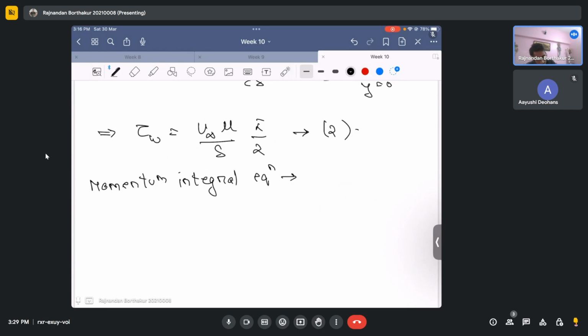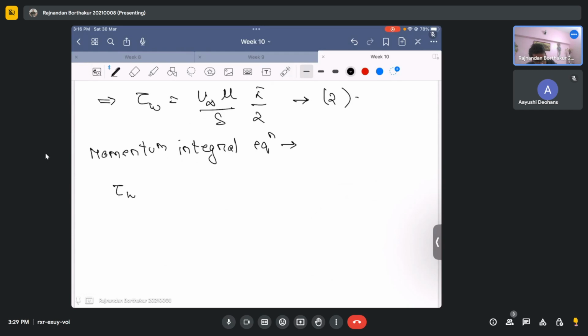Since we already saw this, I will not explain it here much. The momentum integral equation is tau w divided by rho u infinity squared, which is equal to d theta by dx, where theta is the momentum thickness.